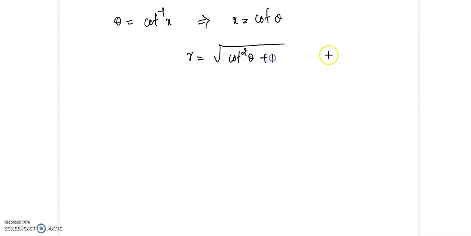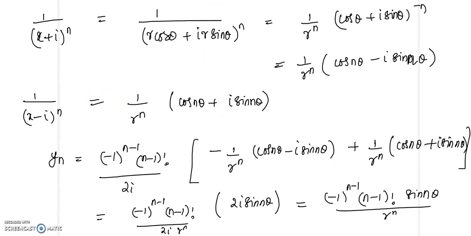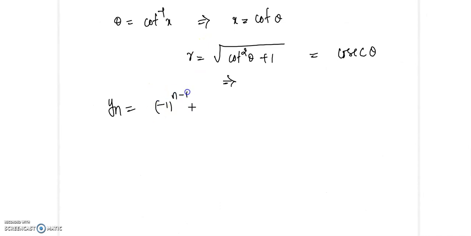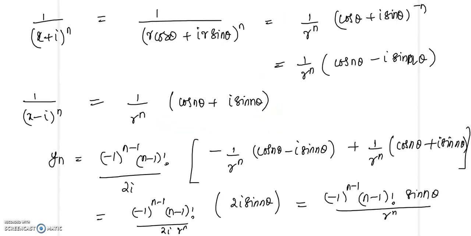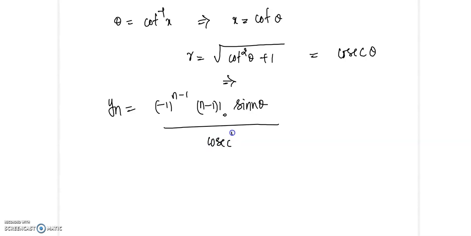So we have got theta equal to cot inverse x. So from here x will be cot theta. r will be root of cot square theta plus 1, so that is cosec theta. So therefore we will get yn equal to minus 1 raised to n minus 1, (n minus 1) factorial into sin n theta by r raised to n, where r is cosec theta, so we have cosec raised to n theta.